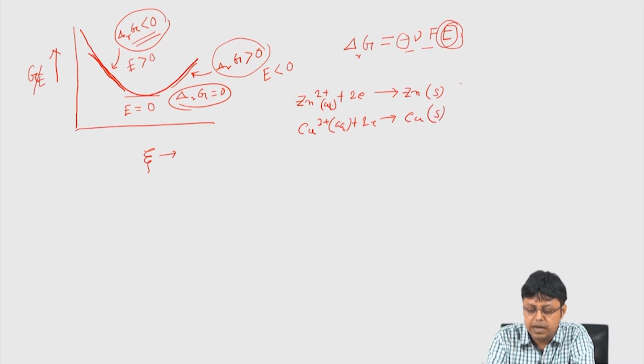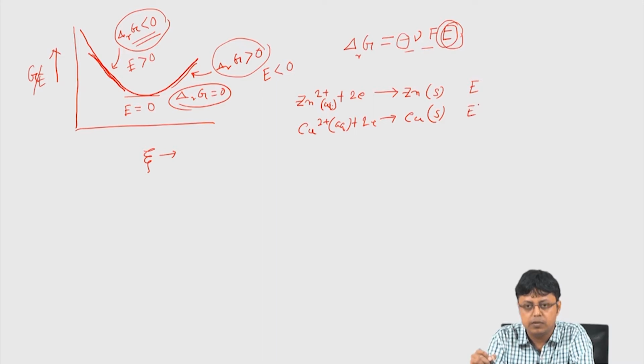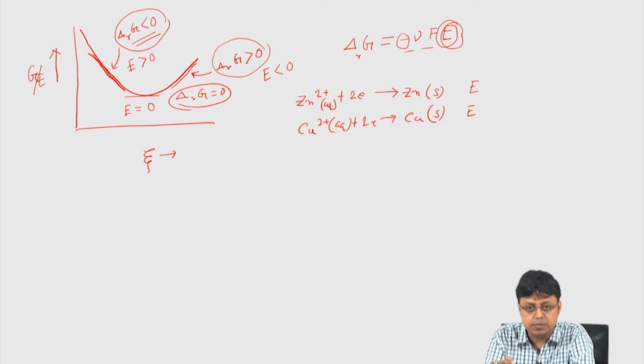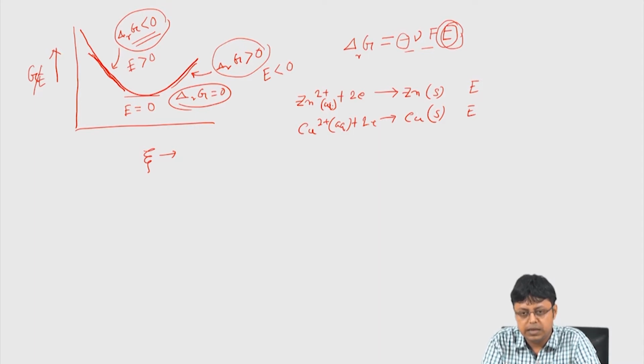Each reaction has an E or electromotive force that can be written as E0 minus RT by nu F times the reaction quotient. Now, for this particular reaction, the question is how will you calculate the E0 or the E of the cell.